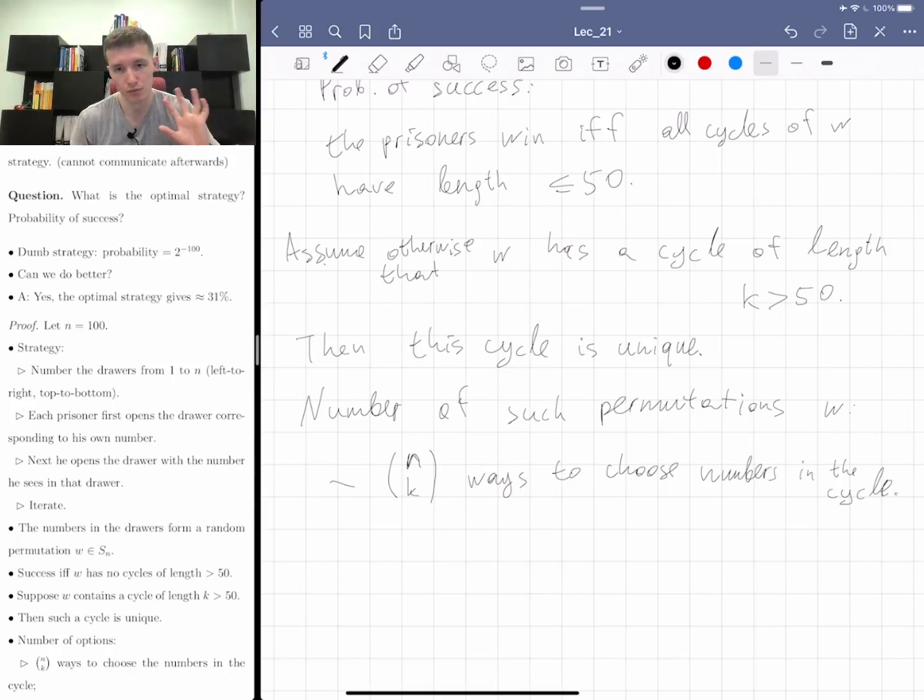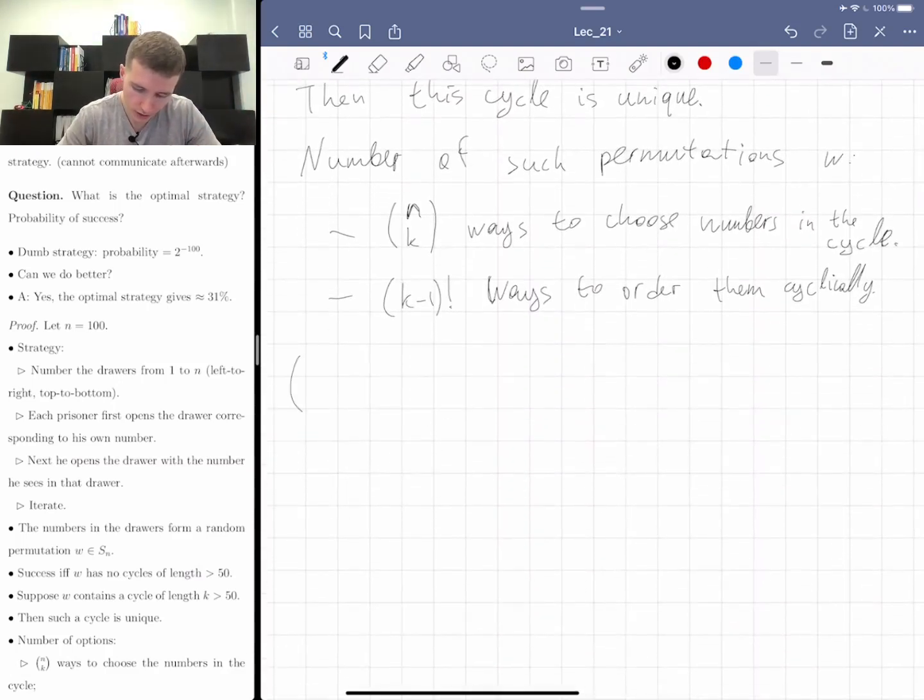And then you have to order them cyclically, and that can be done in k-1 factorial ways. And finally, the last step is you have to order the remaining numbers. In other words, if you use two-line notation, you choose some numbers which belong to your cycle, and for each of them you know where W sends those numbers.